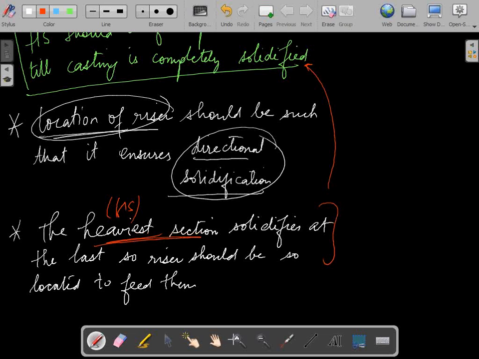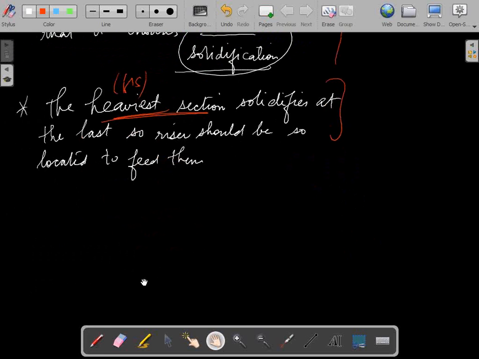Now let's move on to something which we call sprue. Before we go on to sprue, I would like to tell you that the flow inside a mold is governed by two principles. What are those two principles?